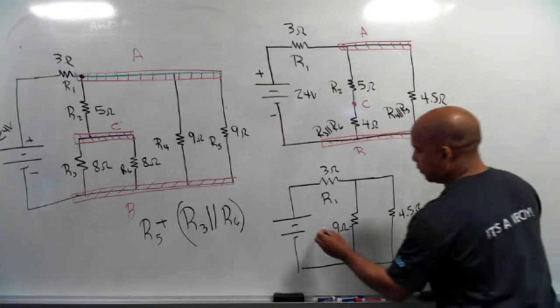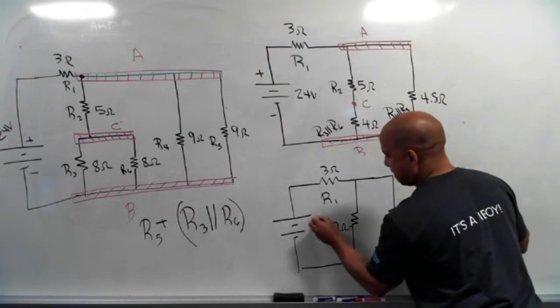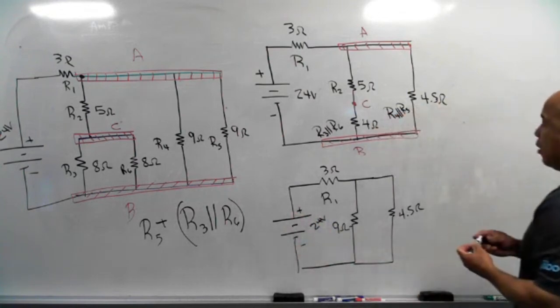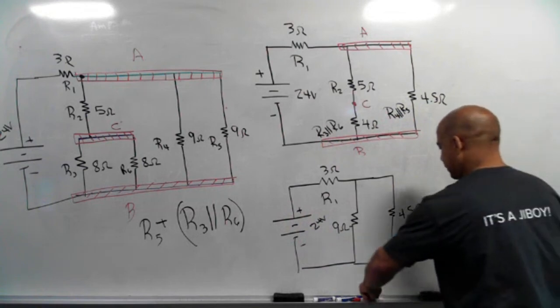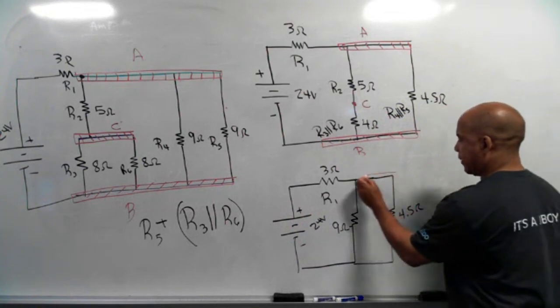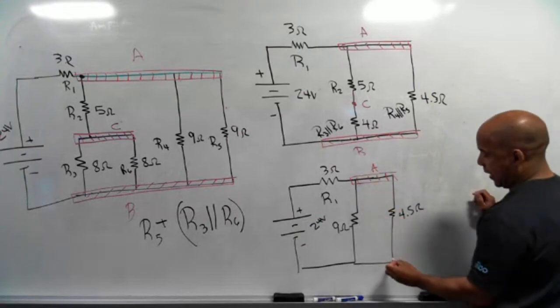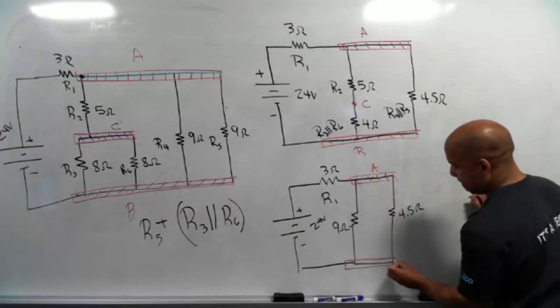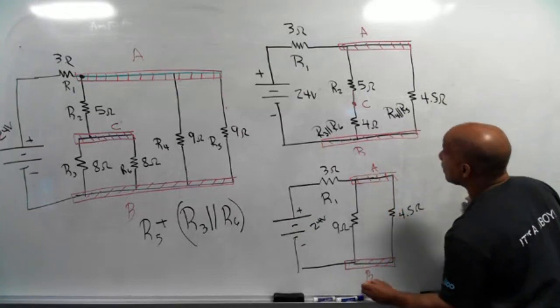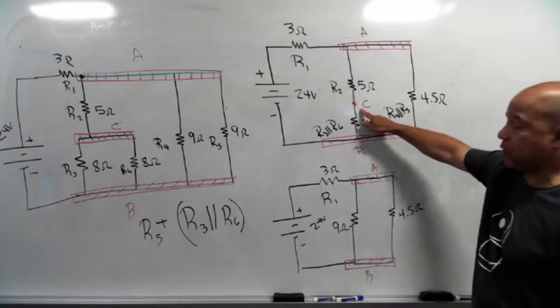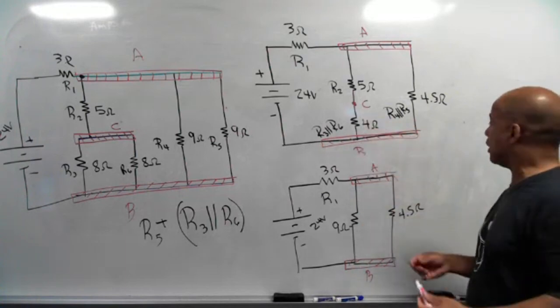And I got my 24 volts. The nodes look like this. I got A. I got B. Notice C disappeared. It's inside of here, so I don't have to draw C.